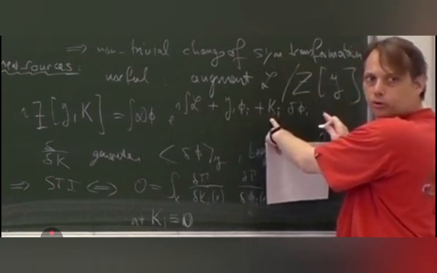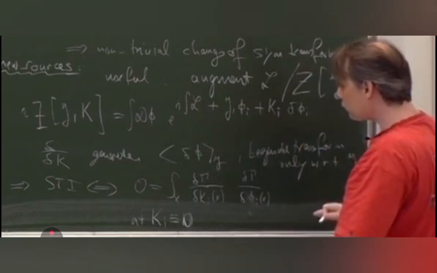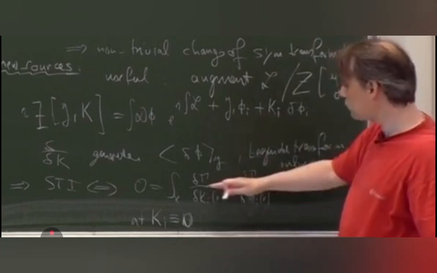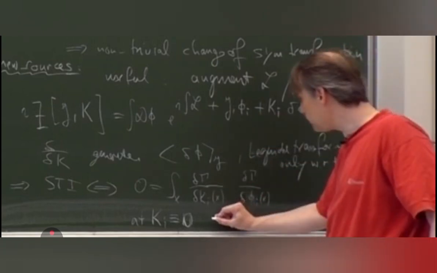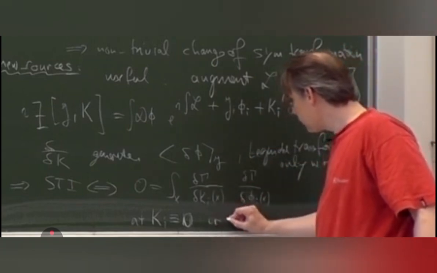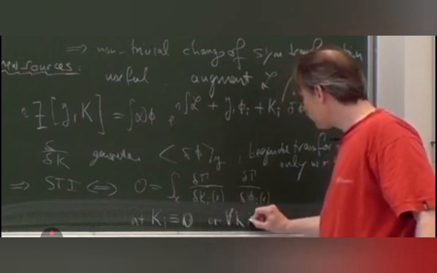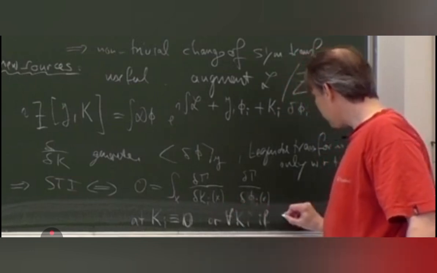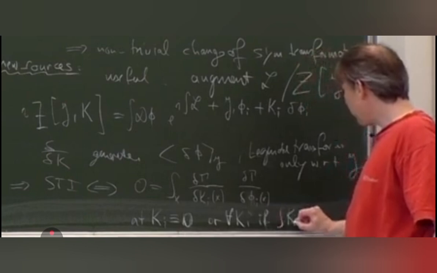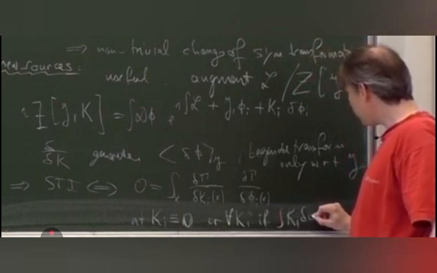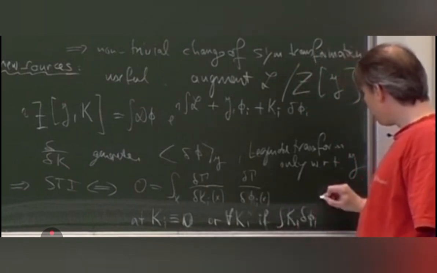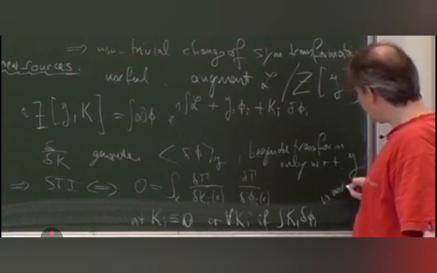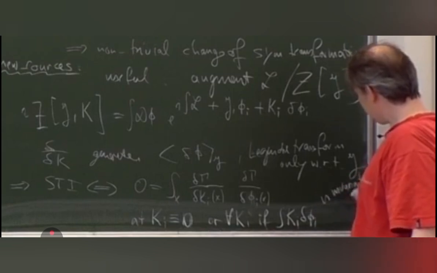Then we can go through the same steps, and we would derive that this is valid even for arbitrary k, or for all k, if this term k_i times delta phi_i is invariant under the same symmetry.